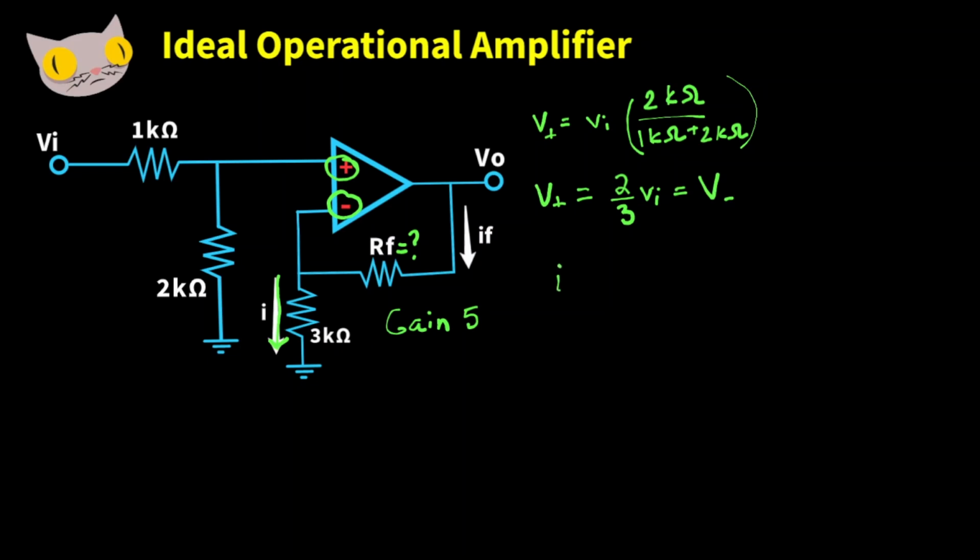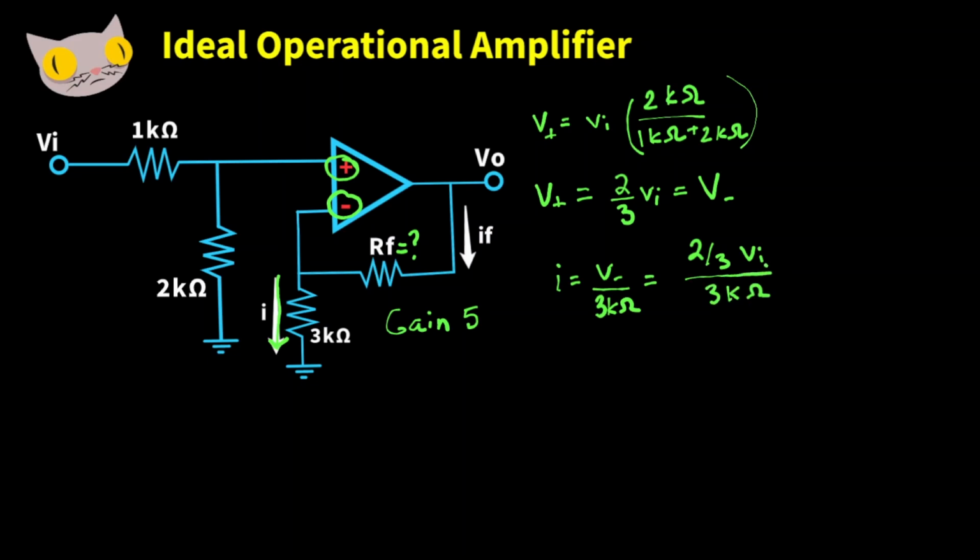So I will be equal to the voltage here on the negative side divided by the resistor, 3k ohms. This is Ohm's law. Current is equal to voltage over resistance. So this gives us 2/3 times VI over 3k ohms.